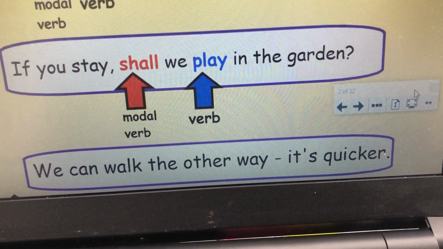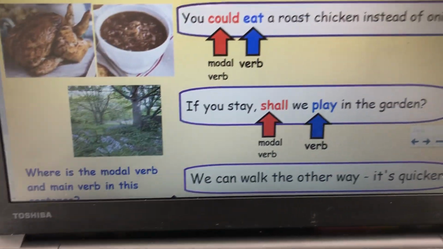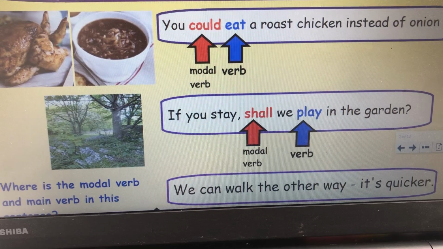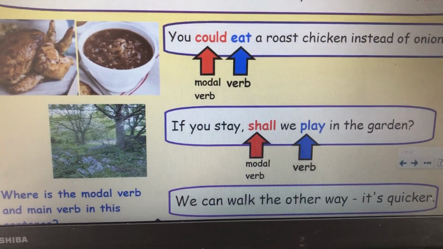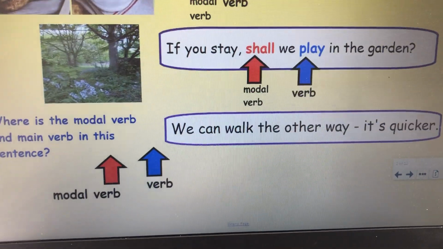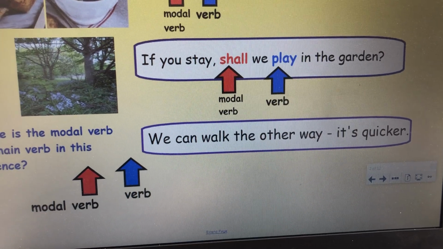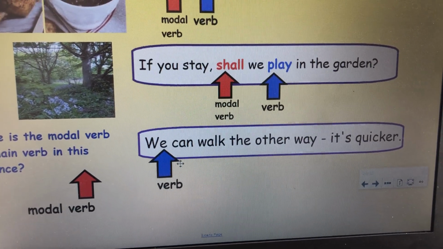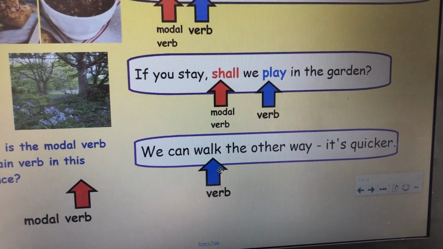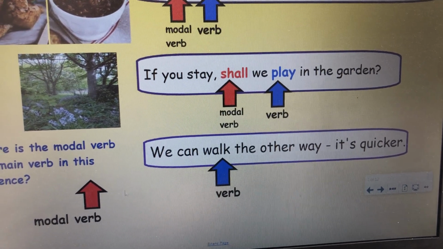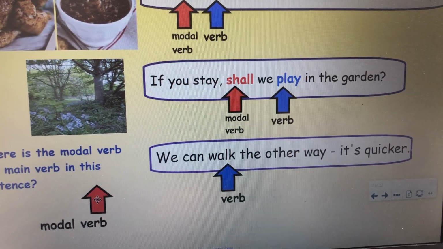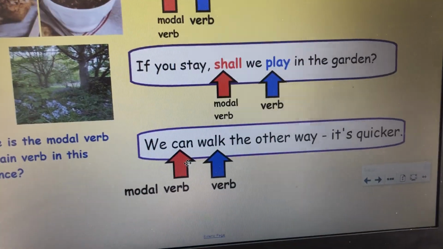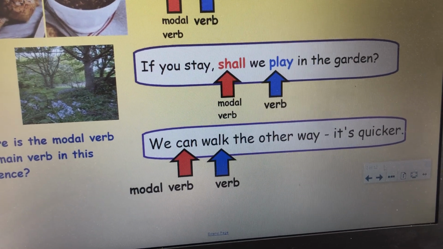It's quicker. Where is the modal verb and the main verb in this sentence? Can you identify the modal and the main verbs? Where would I put my arrows? Well done. You should have identified that the verb is to walk, and in this instance the modal verb is can. We can walk the other way. Okay?